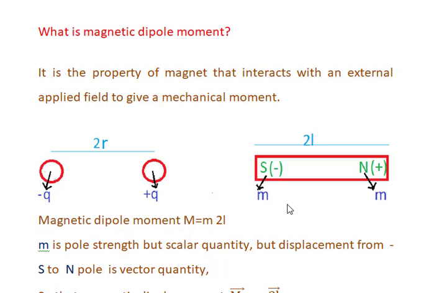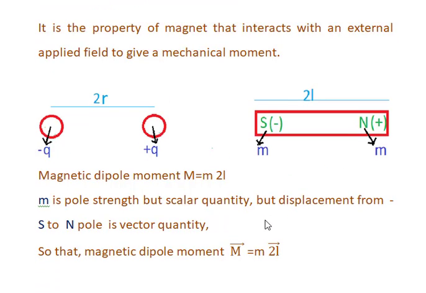The displacement, the force exerted on the north pole and the force exerted on the south pole by the north pole. So the displacement from south to north or north to south is a vector quantity. So the magnetic dipole moment, capital M, is taken as m into 2L vector.